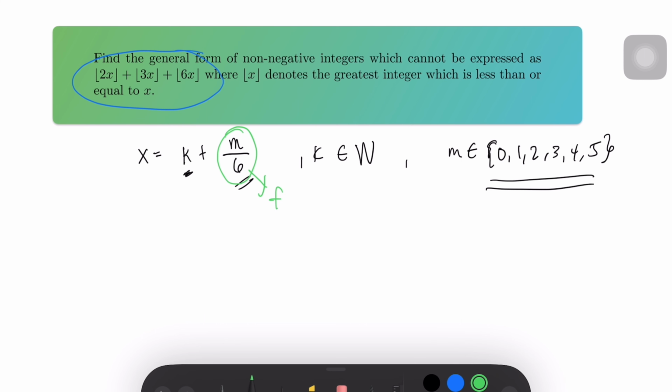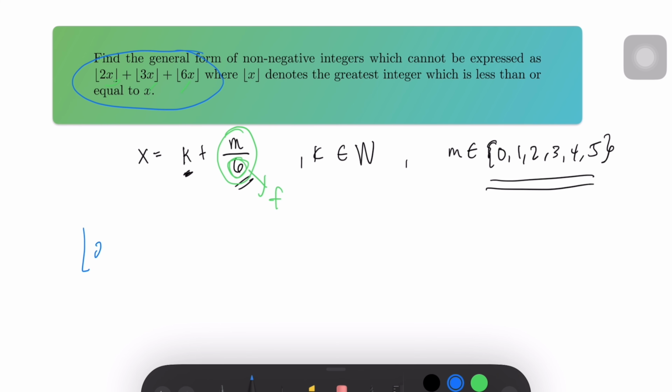But we do this specifically to create a division between the values that would make different values for the floors of these three. Specifically, we choose a denominator of 6 because that's the least common multiple of 2, 3, and 6. And so we expand this by substituting k into each of the floors.